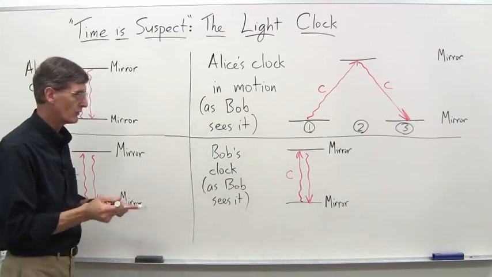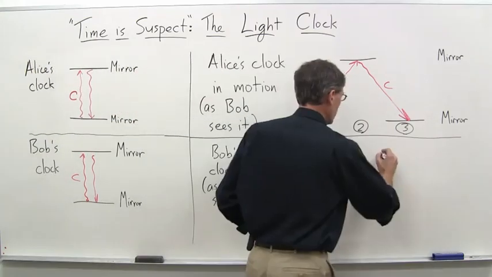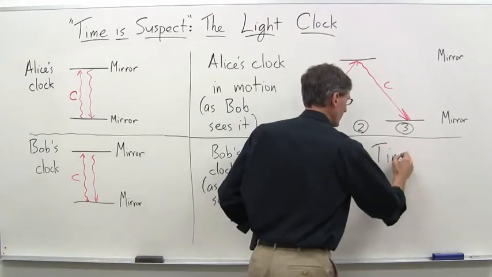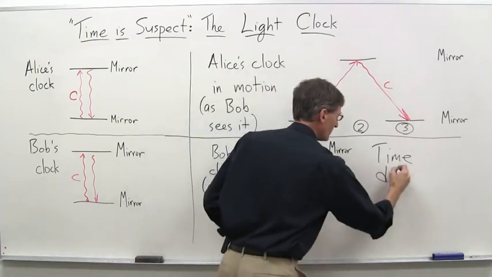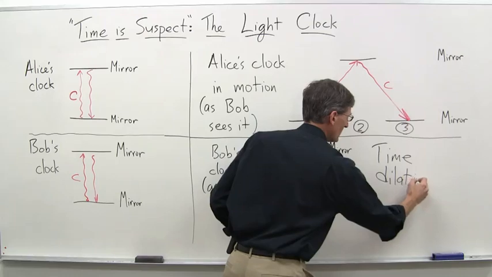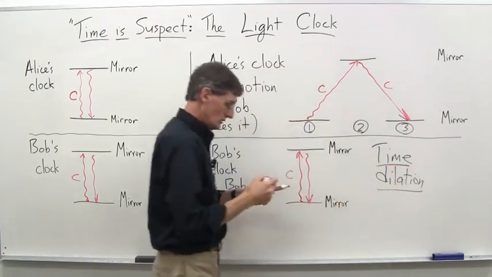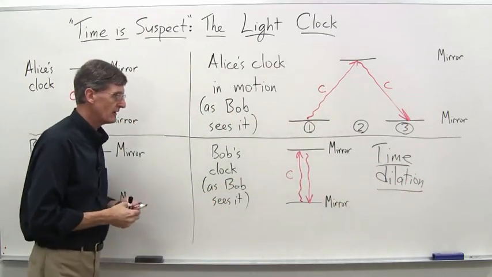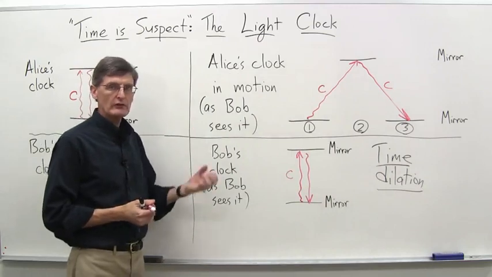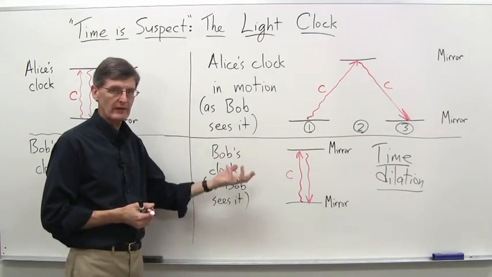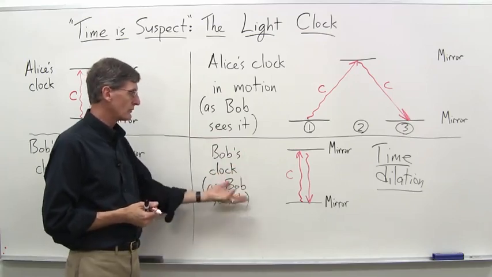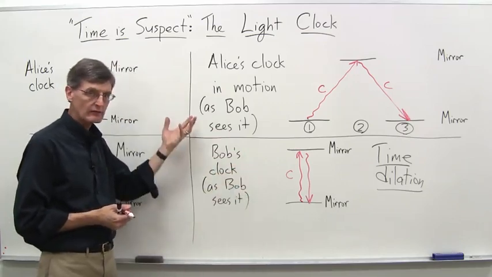We're going to investigate this more, obviously, as I just mentioned. But just to give you the name of this effect that you may have heard about: time dilation. Another way to say this is moving clocks run slow compared to an identical clock that is not moving. So again, we have Bob's clock and Alice's clock, identical clocks.